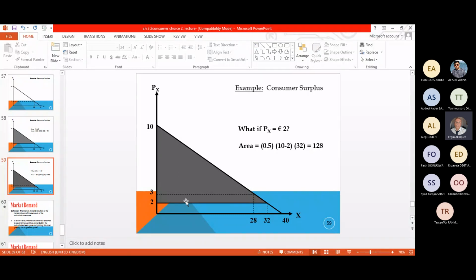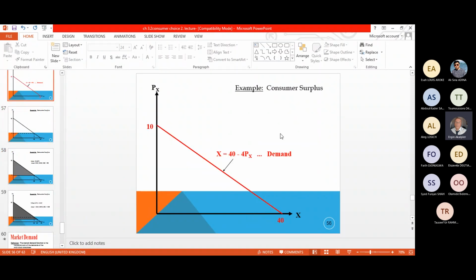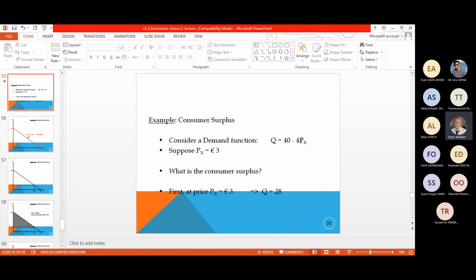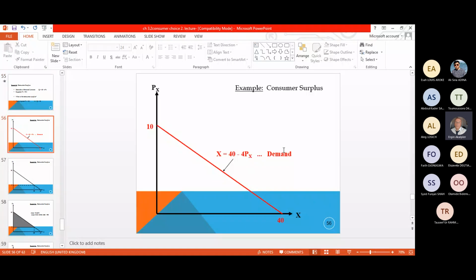What if PX is changed? Because PX is newly given, you substitute it into the equation again. 4 times 2 is 8, 40 minus 8 is 32. Did you get it?